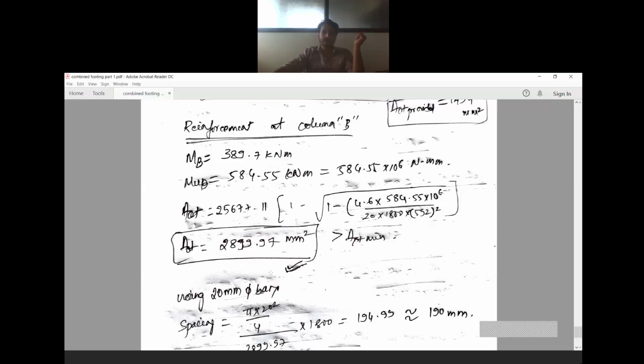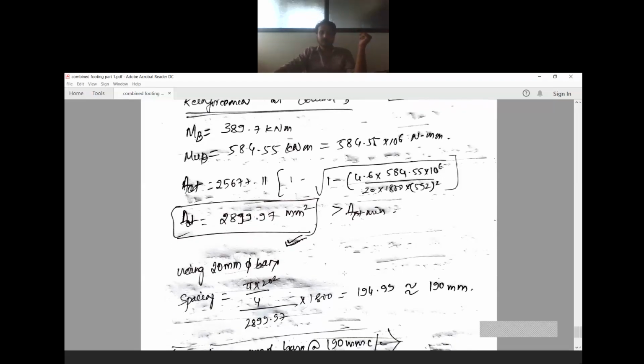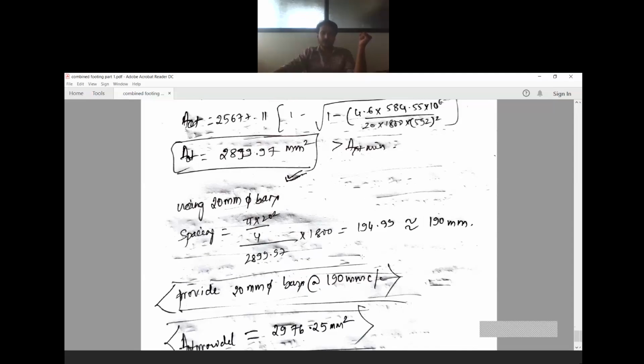The answer I have got is 2899.97 mm square. Since the value of AST is between 2000 and 3000, I can select the diameter of the bar between 20 mm and 25 mm. I like that, not more than that. I am just considering 20 mm diameter bars, so spacing is pi d square by 4 divided by actual area required into width of the foundation 1800.